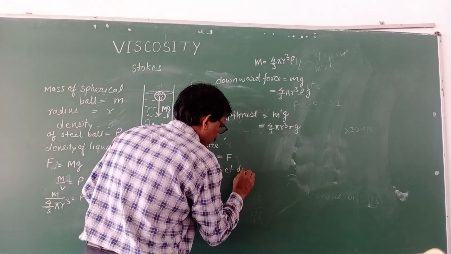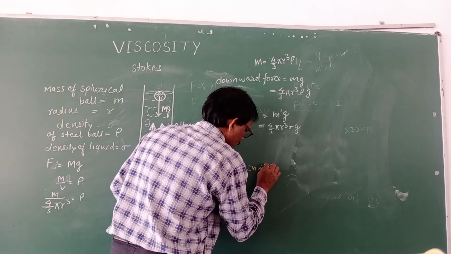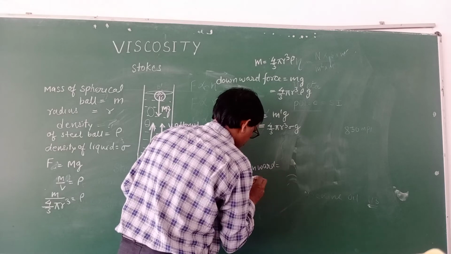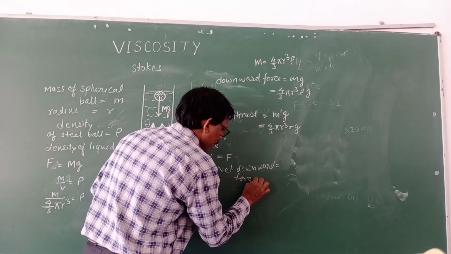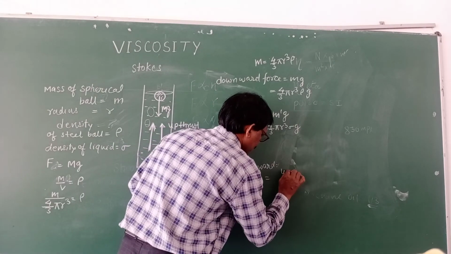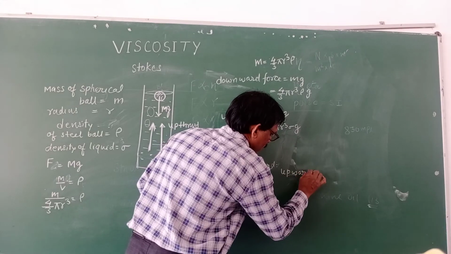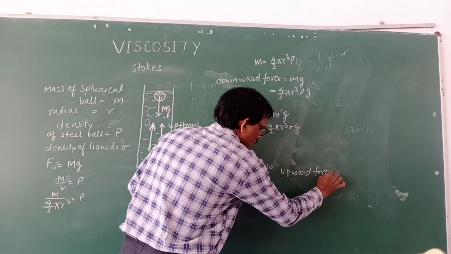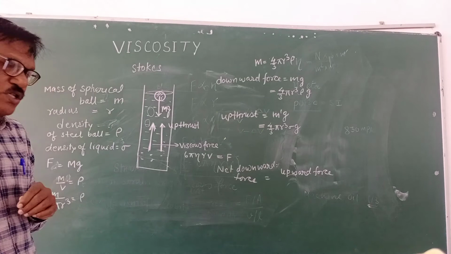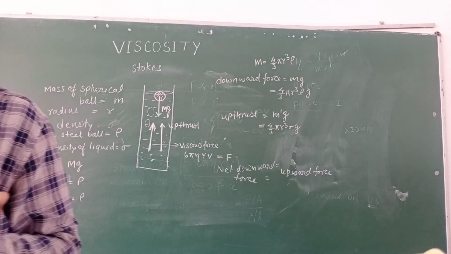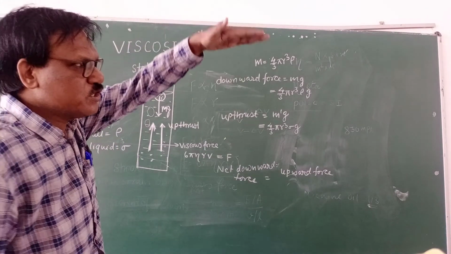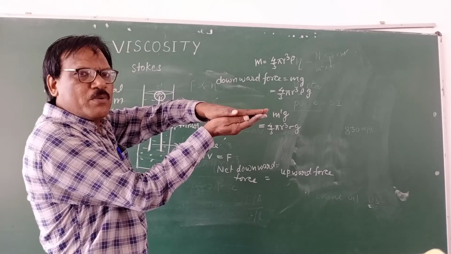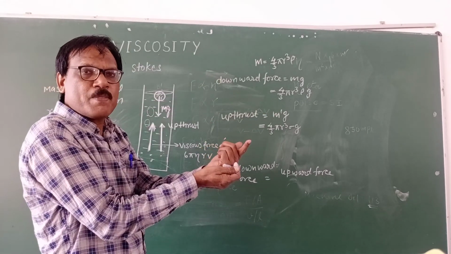Net downward force will be equal to upward force. When the net downward force is equal to the upward force, what will the total force be? The downward force and this force are both equal, so the net force will be 0.